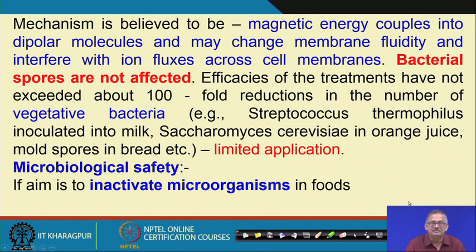Then the mechanism is believed to be that magnetic energy couples into dipolar molecules and may change membrane fluidity and interfere with the fluxes across the cell membrane. Right? Bacterial spores are not affected.